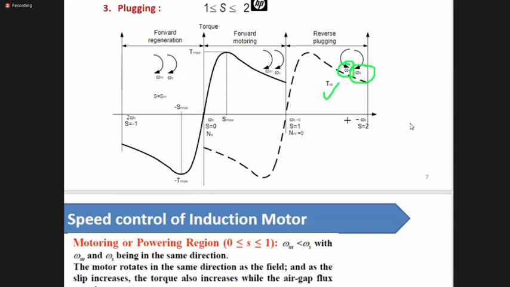Now, whatever we have discussed so far is all about the induction motor. If you are asked to find the ways to control the speed of an induction motor, what will be your answer? First of all, try to find out which parameters influence the developed torque.